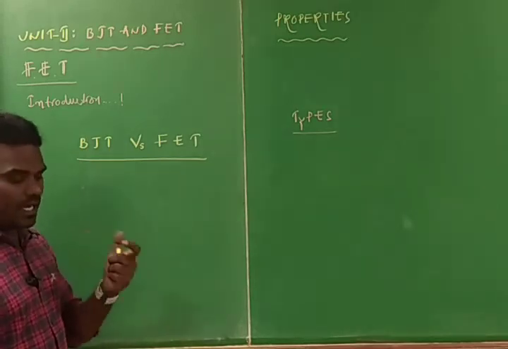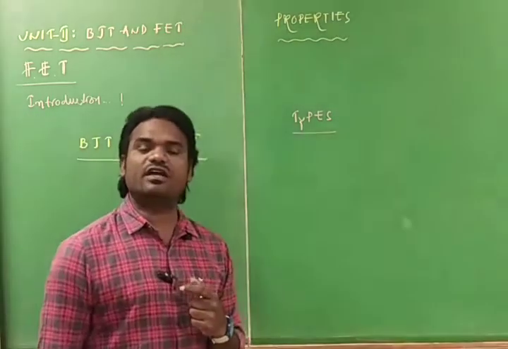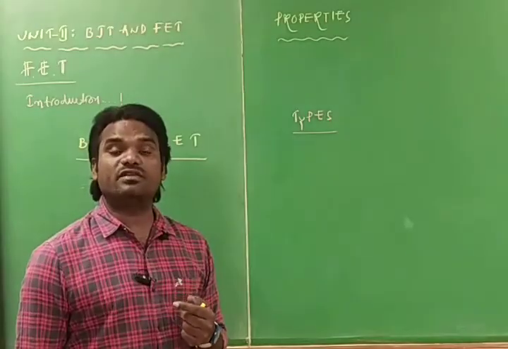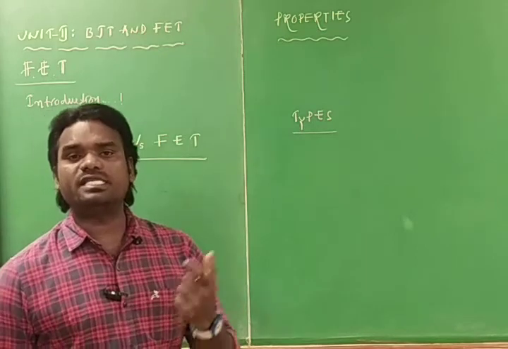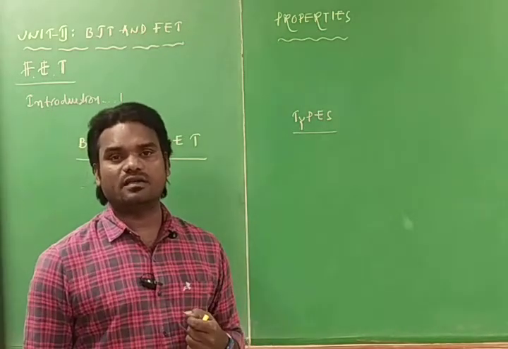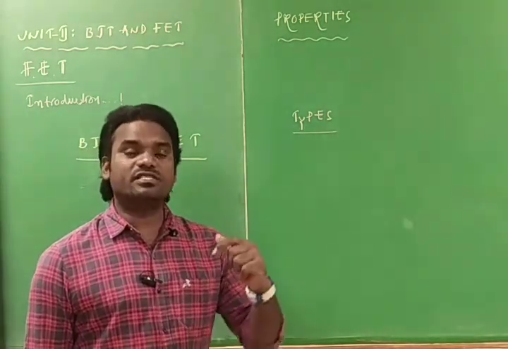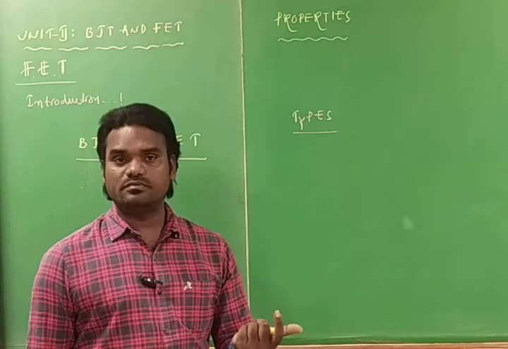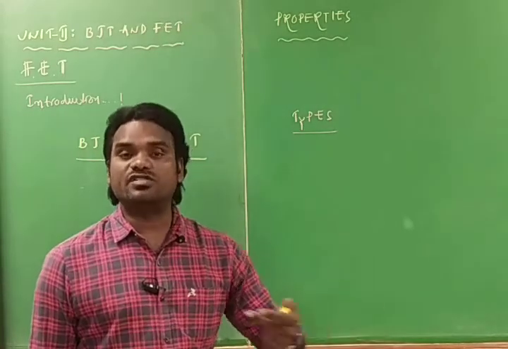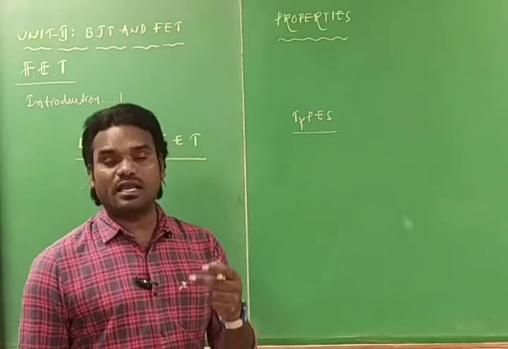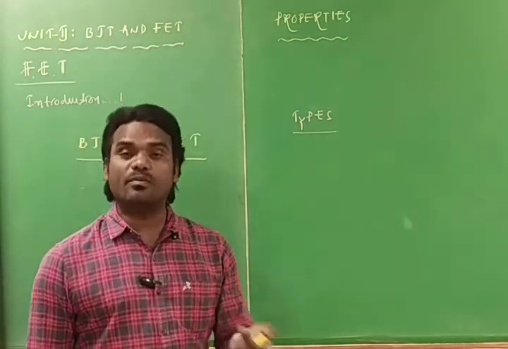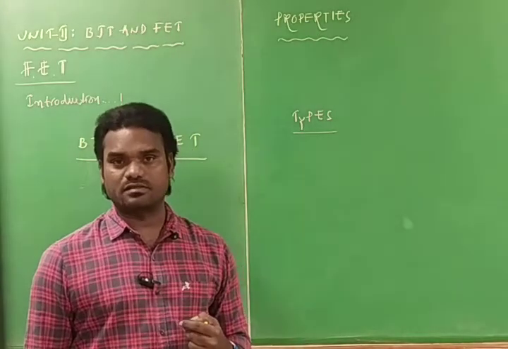In the earlier classes we discussed that BJT has three terminals: emitter, base and collector. Emitter is a heavily doped region which emits the charge carriers to the next layer. Collector is a moderately doped region which collects the charge carriers.